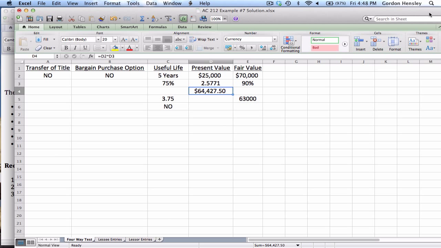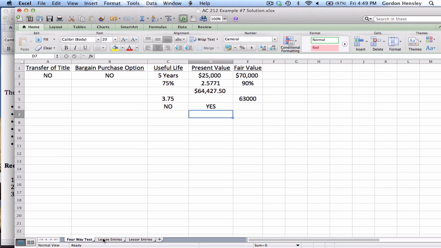Well, it looks like the present value of our lease payments is more than 90% of the fair value. So you know what that means. That means we've had to say yes to test number 4. So we are going to have to capitalize the lease. So that completes part 1, and the answer to part 1 is it will be a capital lease.